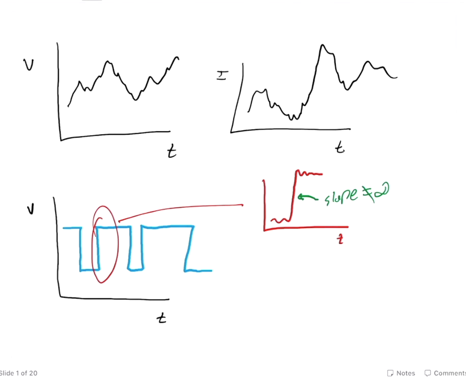If we zoomed in further, we might actually see something that looks like that. And these kinds of things that are happening on this edge here are very much the world of analog electronics.